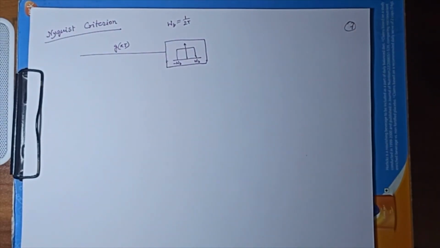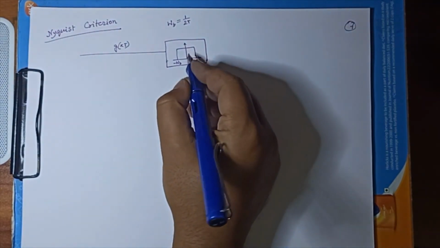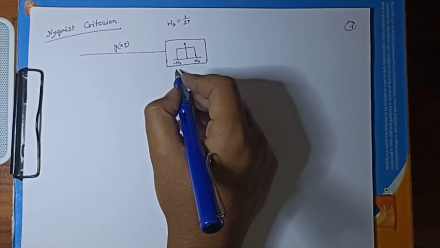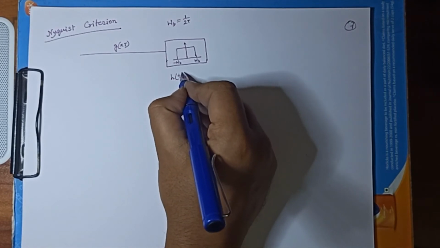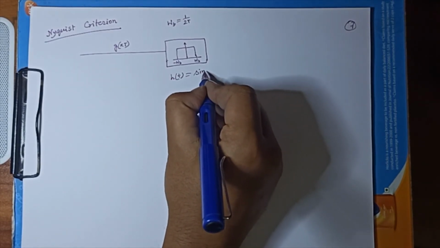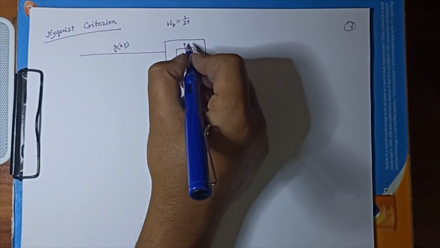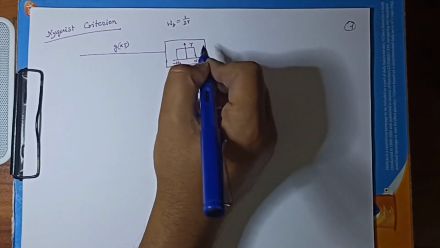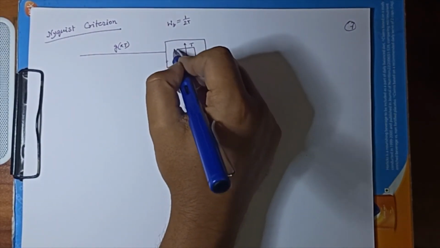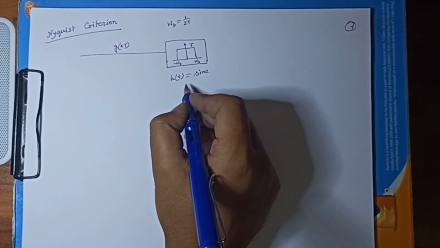Okay. So what is the impulse response? If the impulse response is say h(t), it is essentially sinc. The height is say capital T. So the spectrum is basically T rect.